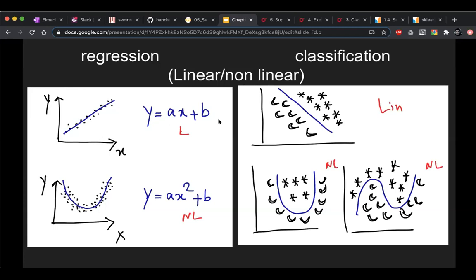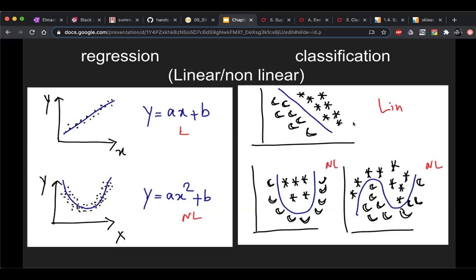This is a simple line, where A is the slope of the line and B is where it intersects with Y. For regression previously, he used theta 1 as the vector of weights, the slope of that model, and B as the bias term. For nonlinear, if our data were like this, we could fit a quadratic function like this one to our data. And that was regression.